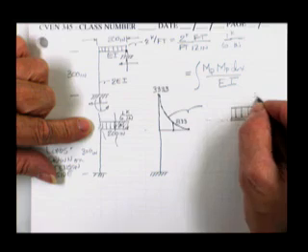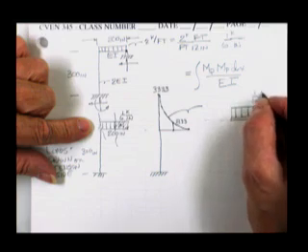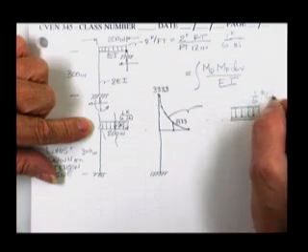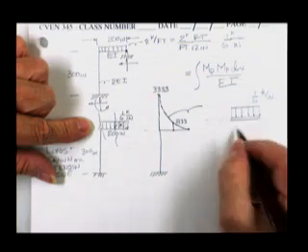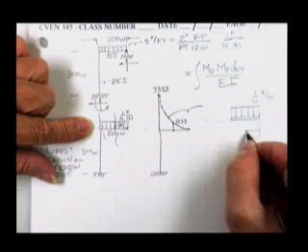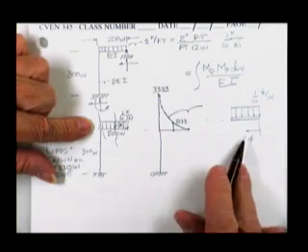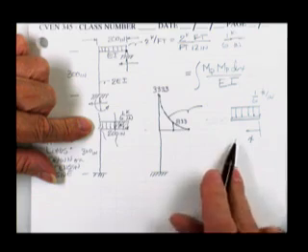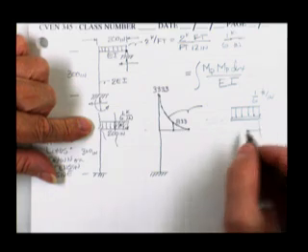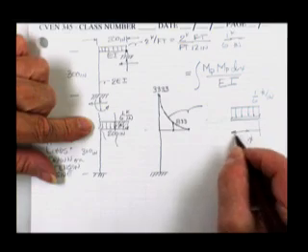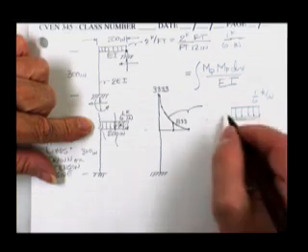That is 1/6 of a kip per inch. This is arbitrarily picked as X. Incidentally, the next time you do business on this guy, you don't have a choice for X. Somebody's picked X. You're stuck with it now from now on. This is where it's been cut at X.